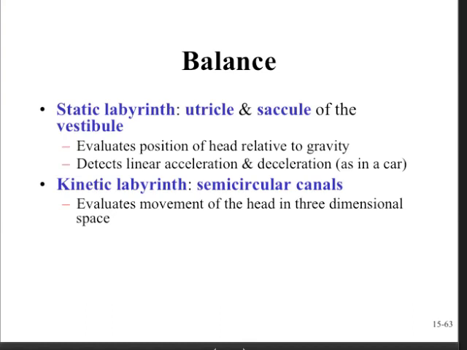Okay. The kinetic labyrinth is made up of the semicircular canals, and they evaluate movement in the head in three-dimensional space.